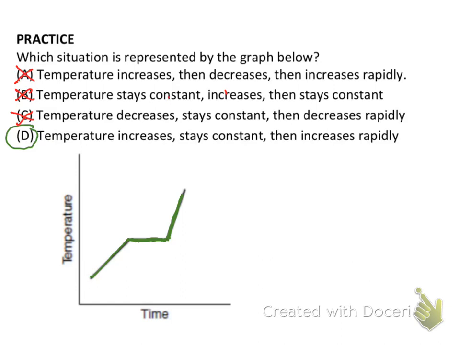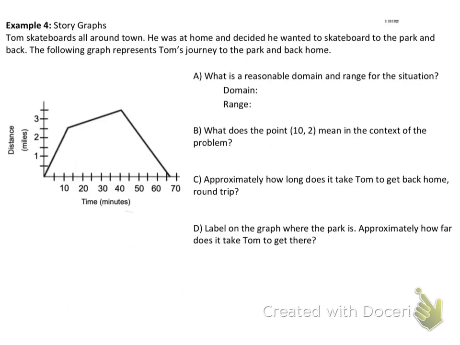All right, now the last part of this is going to be story graphs. So if I look at this situation, this graph represents Tom skateboarding around town. He starts at home, and then he wants to skateboard to the park and then go back.